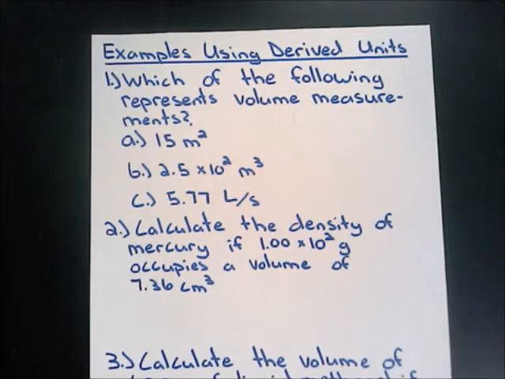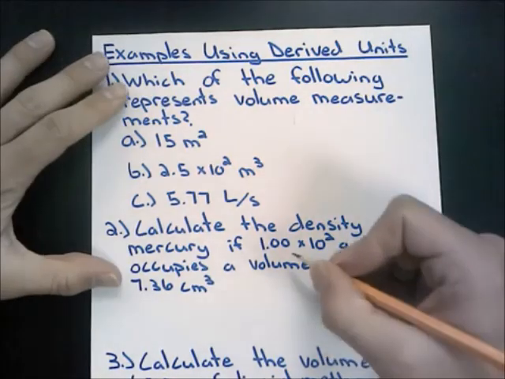So we look at our first item here. We have 15 meters squared, 2.5 times 10 to the second meters cubed, and 5.77 liters per second. So remember, if you look back, the unit for volume is units of length cubed. If you take a look, there is only one unit that says units of length cubed.